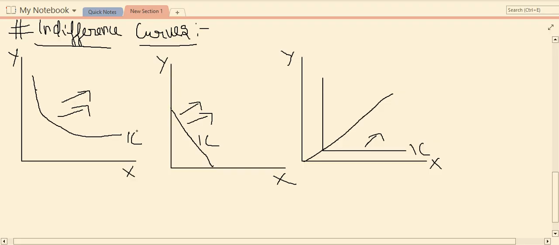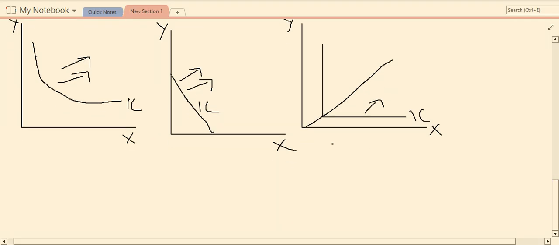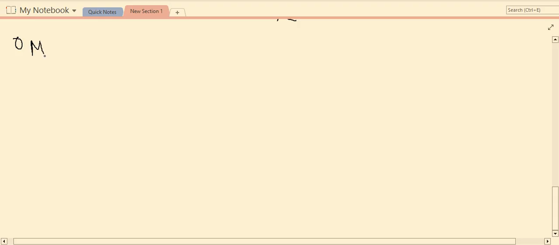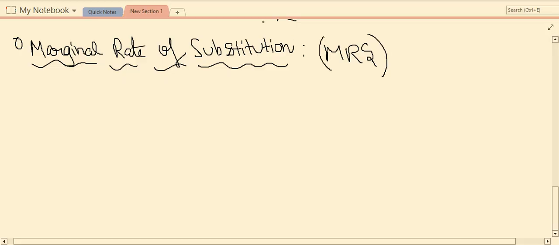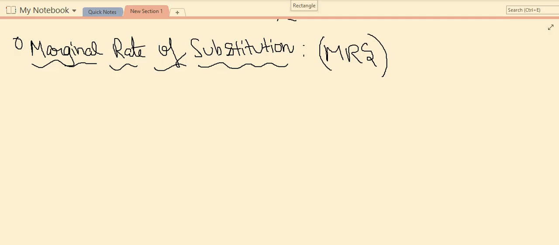So let's begin with a simple proof, which is going to be very interesting. Okay, so let's begin with marginal rate of substitution, or in short, we call it MRS. So let's first draw a well-behaved IC.